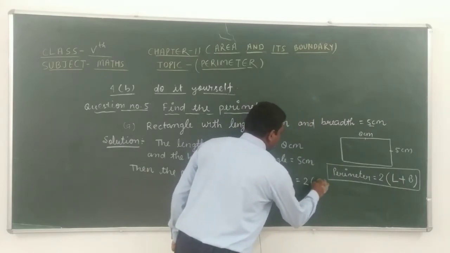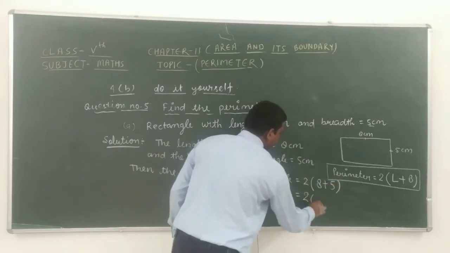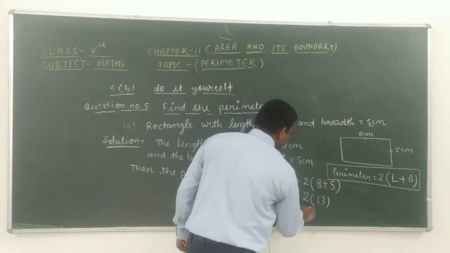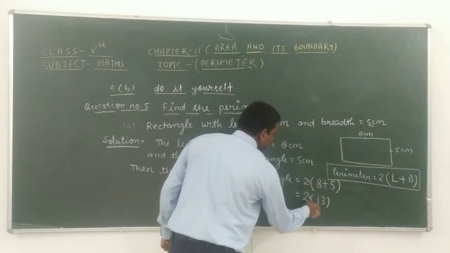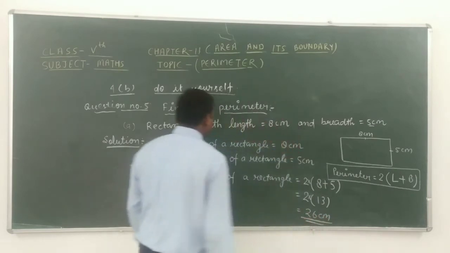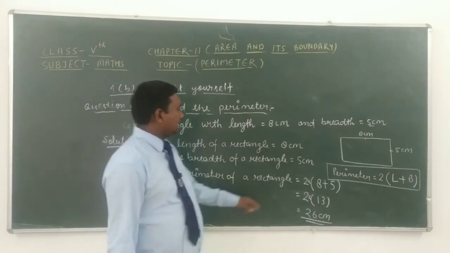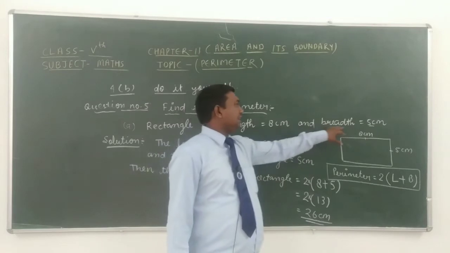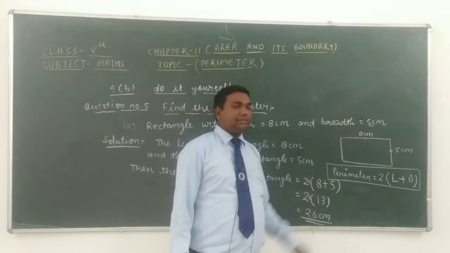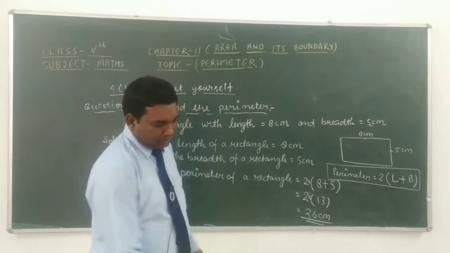Here we can write 8 plus 5. Then after adding, 8 plus 5 is 13, and 2 into 13 is 26 centimeter. Then the perimeter of a rectangle with length 8 centimeter and breadth 5 centimeter is 26 centimeter. Understand? Okay dear students.